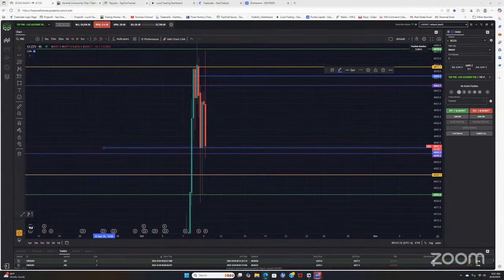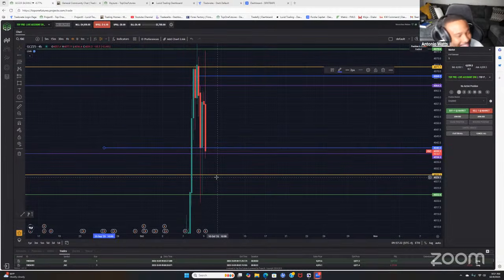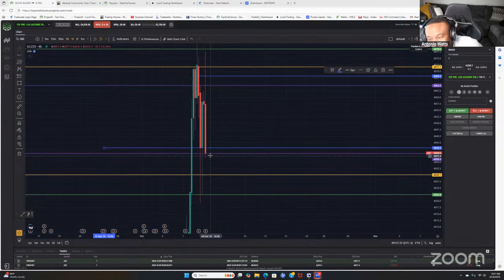Yeah, I'm taking it. I'll see. I need at least a closure under the 4 hour, because if we just reject. If I get that closure below, James, I promise you, I don't want it to break the low right now. The current candle low, it doesn't need to break it. I want it to come right here. It just needs to chill before it does what it does.